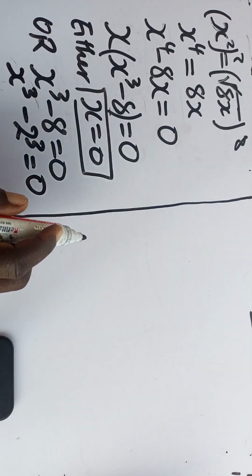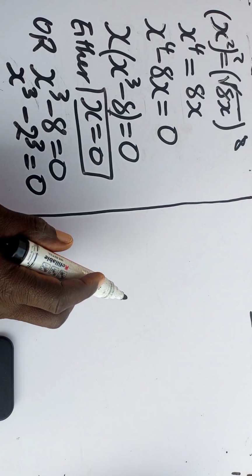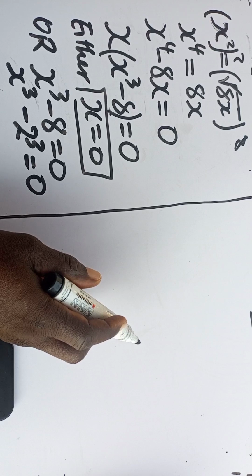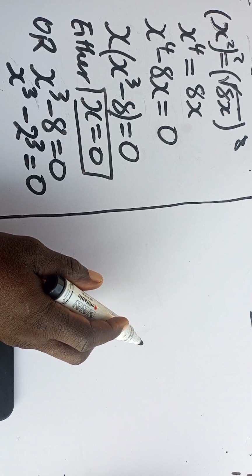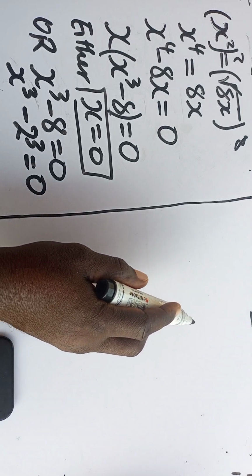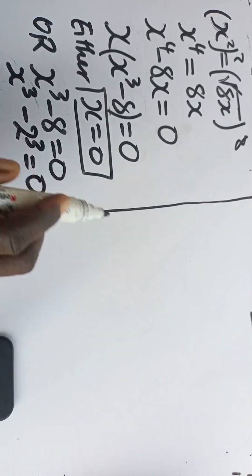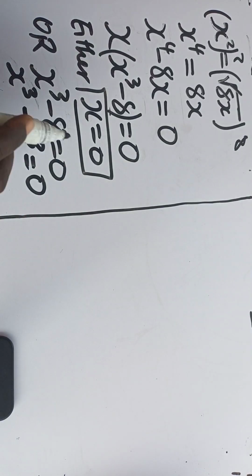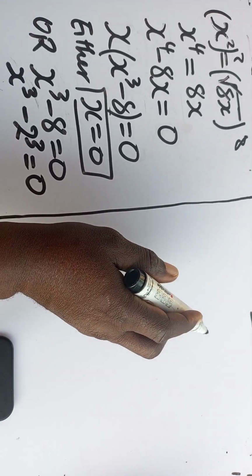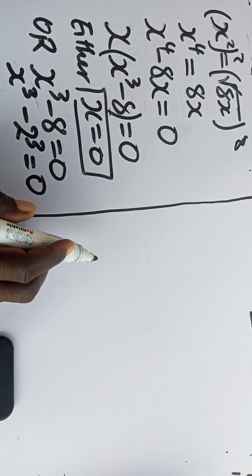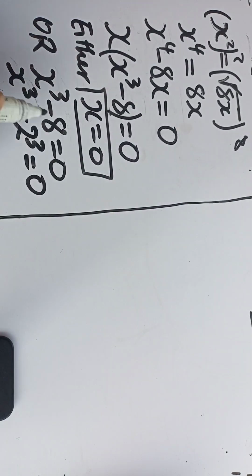Now, applying the difference of cubes identity, x here will replace a and 2 will replace b in that expression. So wherever we see a, we'll put x, and wherever we see b, we'll put 2.